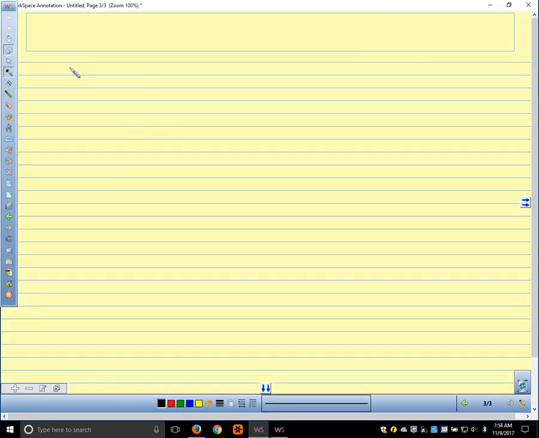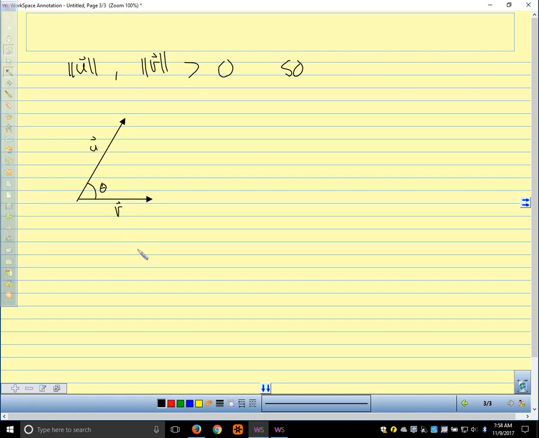So we know that the magnitude of u and the magnitude of v are greater than 0. So if we have vectors situated like this, the cosine of an acute angle, positive or negative?